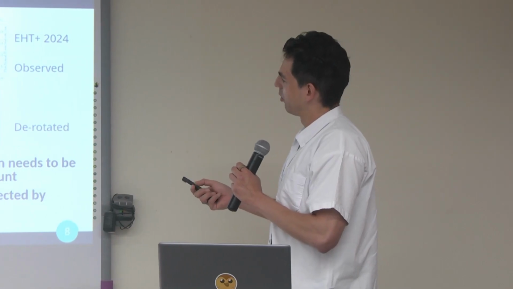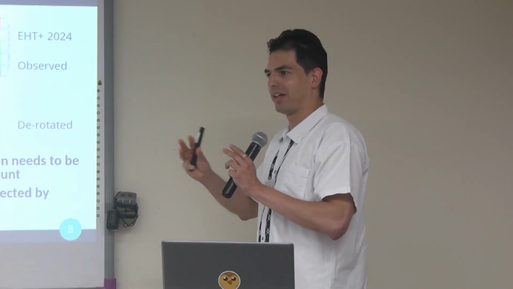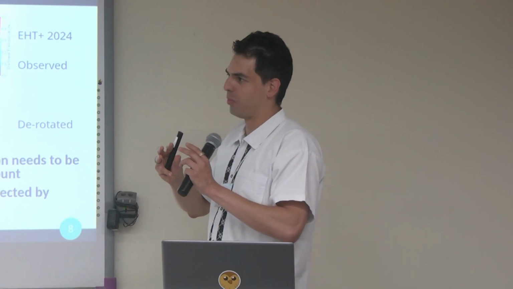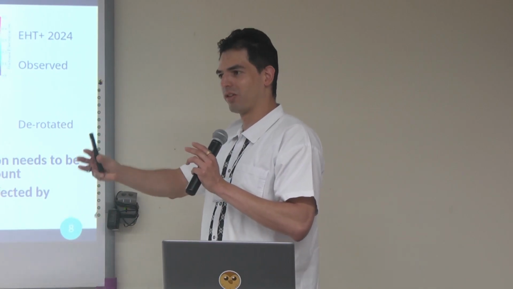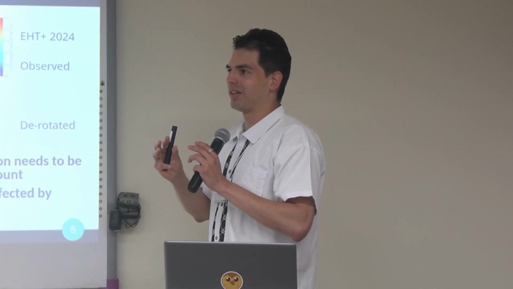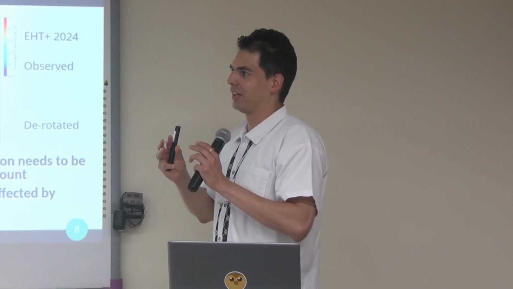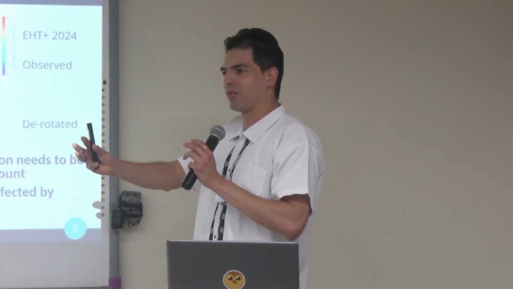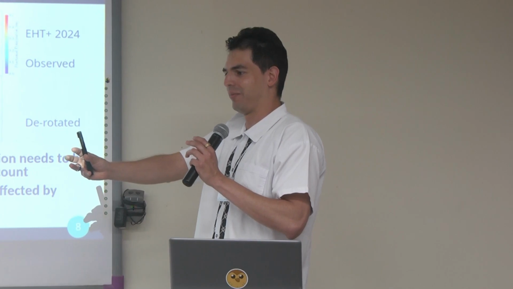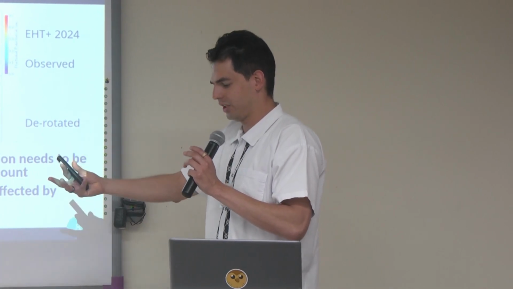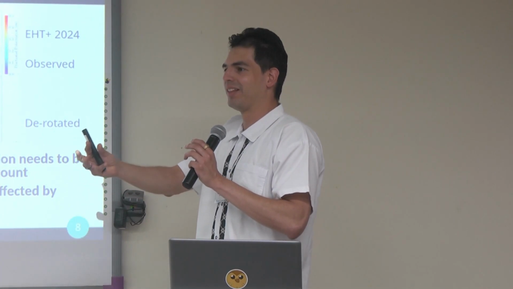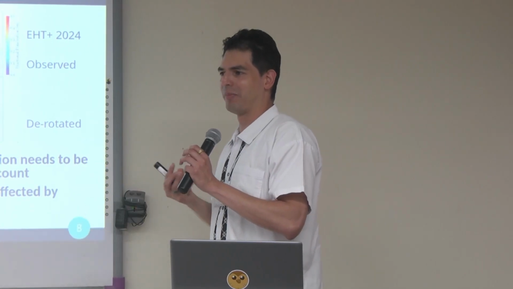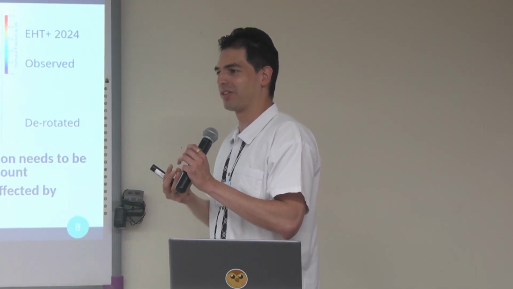So if one just plainly compares the models that are favored by the two constraints separately, it seems that a particular set of models is favored by the total intensity constraints, and this model seems to be no longer favored by the polarization constraints.